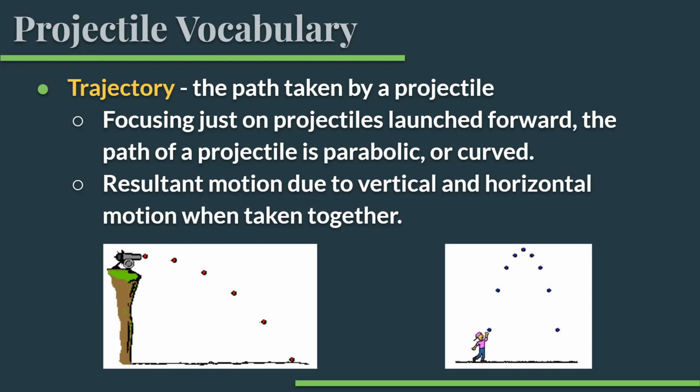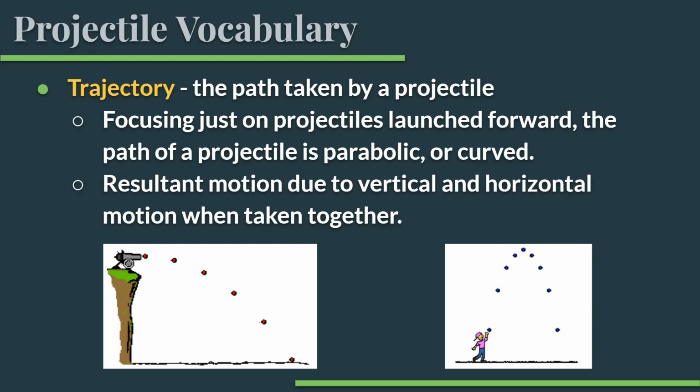The trajectory, whenever we talk about projectiles, you'll hear me use this word quite a bit. The trajectory of a projectile is the path that it takes, and it is going to end up being a curved path. It's parabolic. Focusing just on projectiles launched forward, the path of that projectile is parabolic or curved. The resultant motion is due to the horizontal and vertical motions being added together by that vector addition that we looked at the other day.